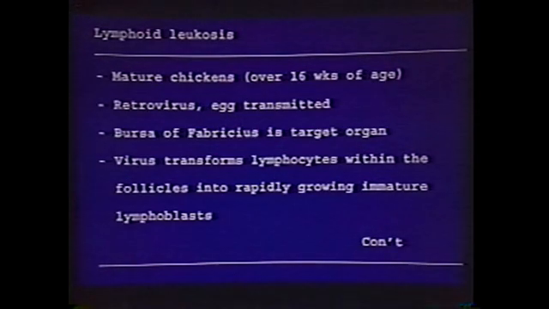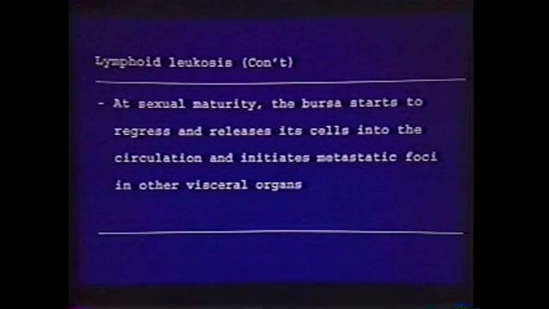So the bursa of Fabricius is the target organ, and the virus transforms lymphocytes within a follicle in the bursa into rapidly growing immature lymphoblasts. Now, at sexual maturity, these cells will be released from the bursa. The bursa starts to regress, as does the thymus.